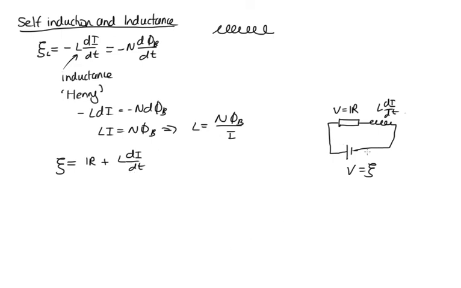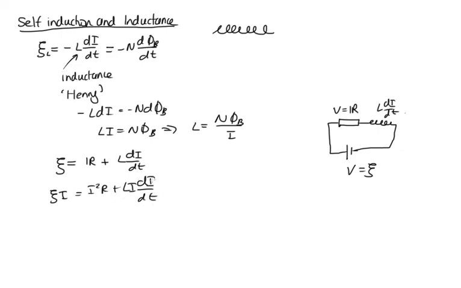Now let's consider the energy used by the circuit. The power, which is just voltage times current, is supplied by the power supply here, and it's used up by the resistor and the inductor. To get from this equation to the power equation, we can just multiply by I. So we've got that the power supplied by the power supply is equal to I squared R plus L i di dt.